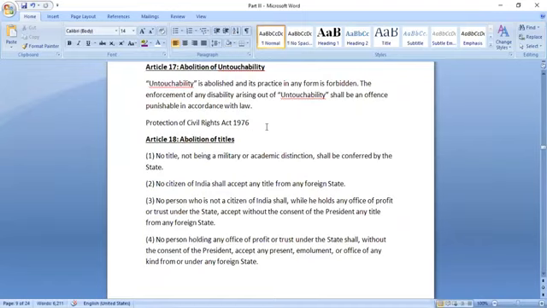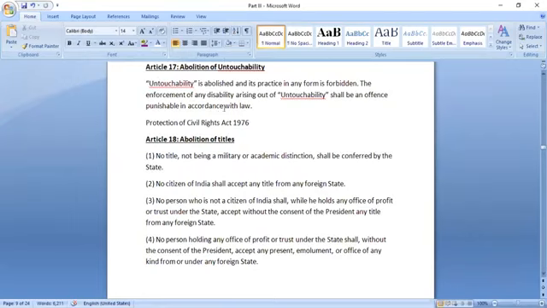Similarly, we have other laws also, like the Untouchability Offences Act, which was also introduced after the Constitution came. Then we have various laws regarding manual scavengers, their protection, their rehabilitation.